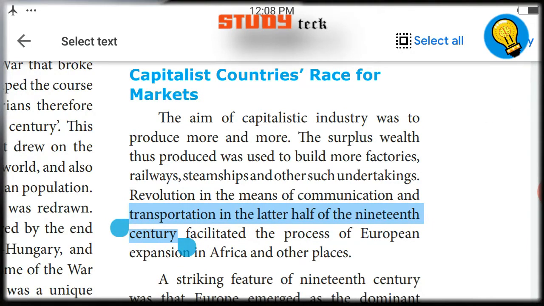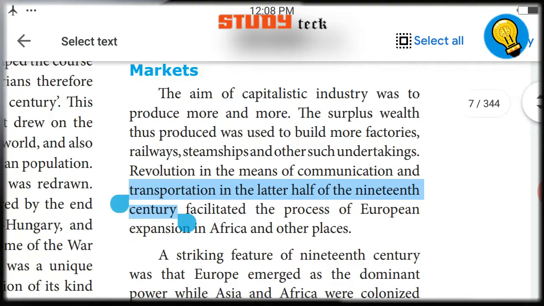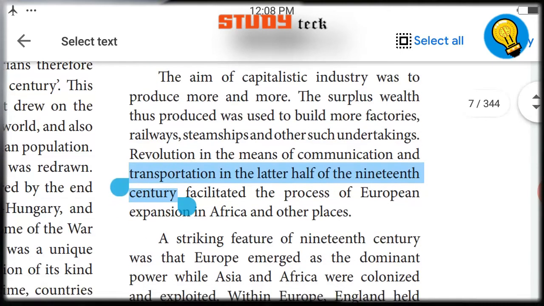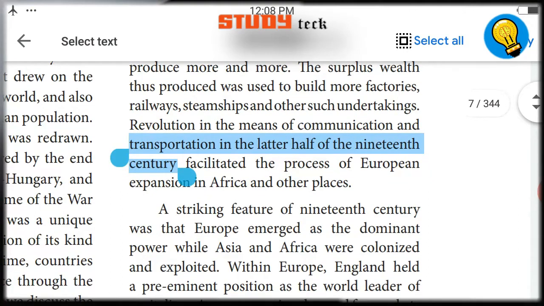Thus the profit was used to build more factories, railways, steamships and other such undertakings. Revolution in the means of communications: the development of communication systems and transportation in the later half of the 19th century facilitated the process of European expansion in Africa and other places.